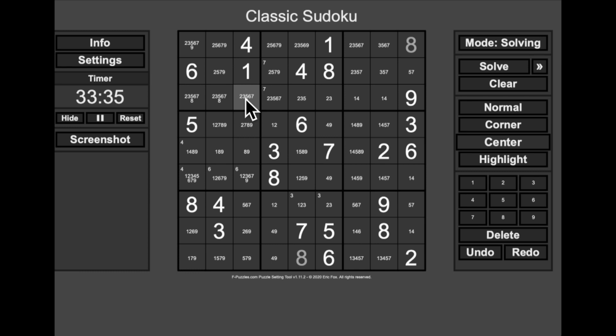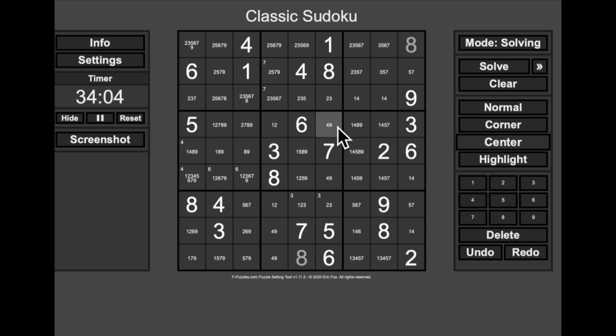2, 3, 5, 6, 7, 8. None of these are eliminated. That's only getting rid of a 3, and this is only getting rid of a 5, and a 6 and an 8. Okay, this is missing 3, 4, 5, 6 pinning into it box, so 1, 2, 7, 8, 9.